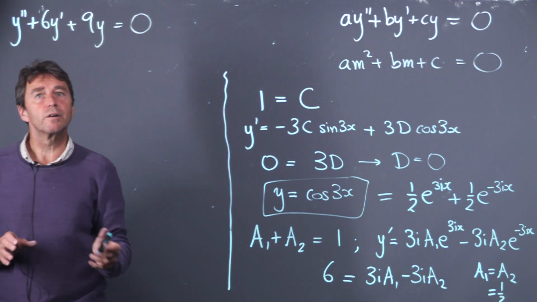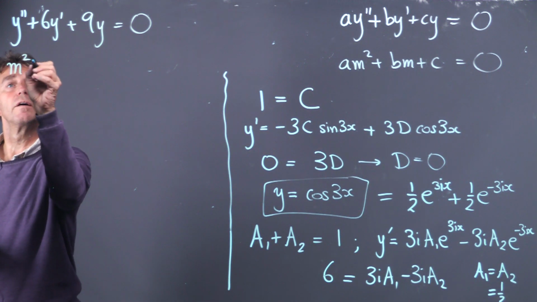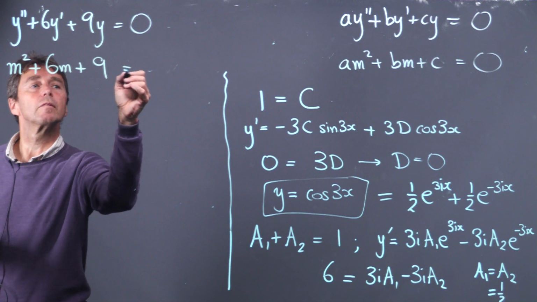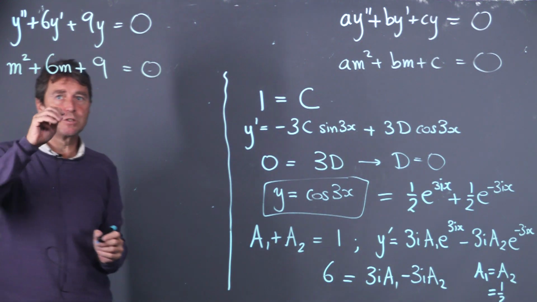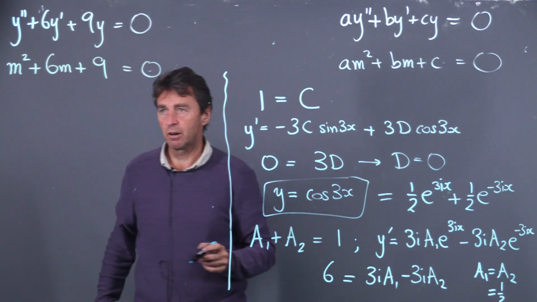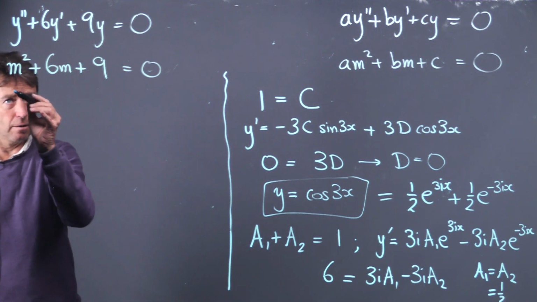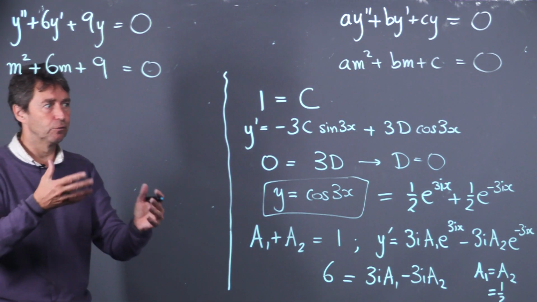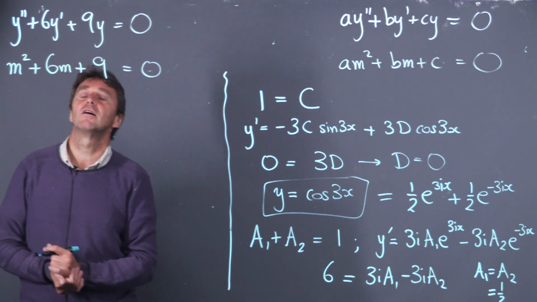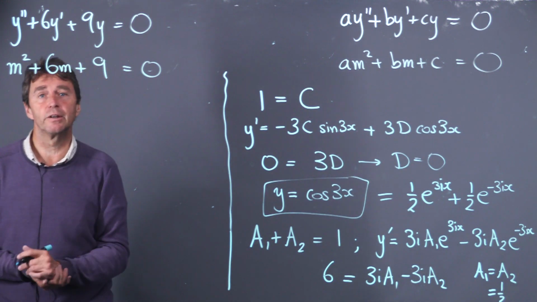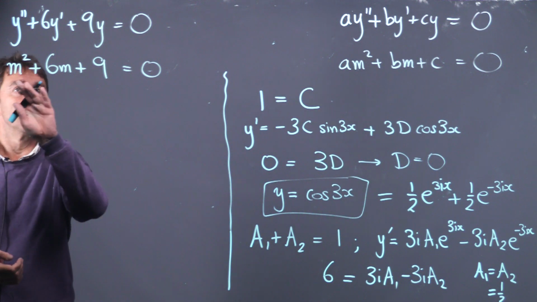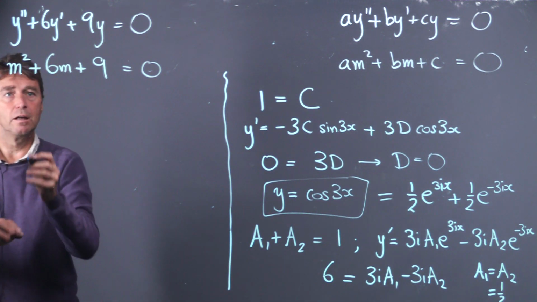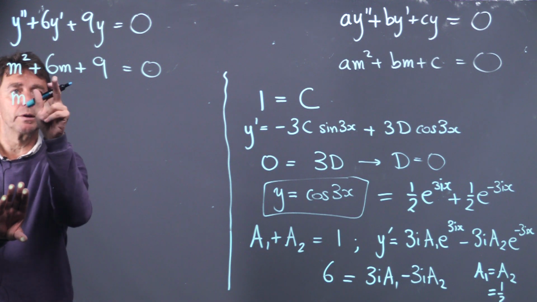The auxiliary equation here is m squared plus 6m plus 9. And I'm just choosing this example to illustrate one point. Now, if you throw this into the formula for the solution of a quadratic equation, you discover that you get complex roots. It's not immediately obvious how to factorize that, but you will notice that I can complete the square here.